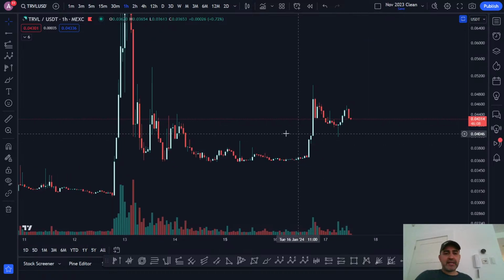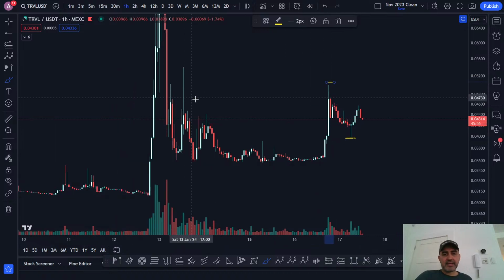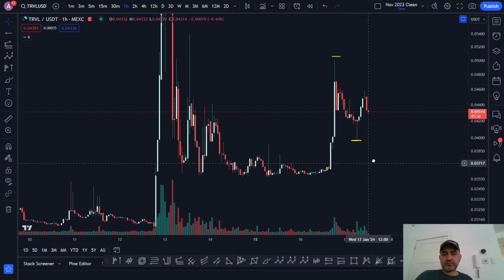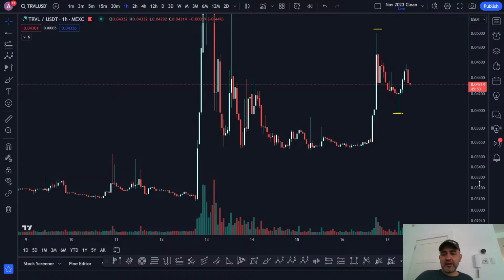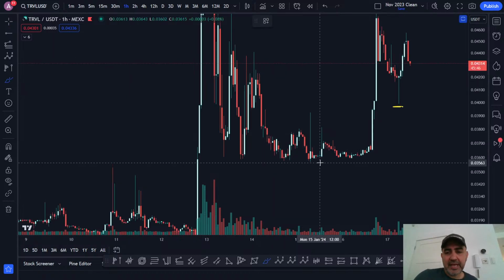So naturally, a good way to enter the market when you see this kind of behavior would be the bottom of wicks, and then to take profits at the top of wicks. So that's also an idea that you can have in mind, and you just have to find a method for yourself which you're comfortable with, and just keep it consistent.